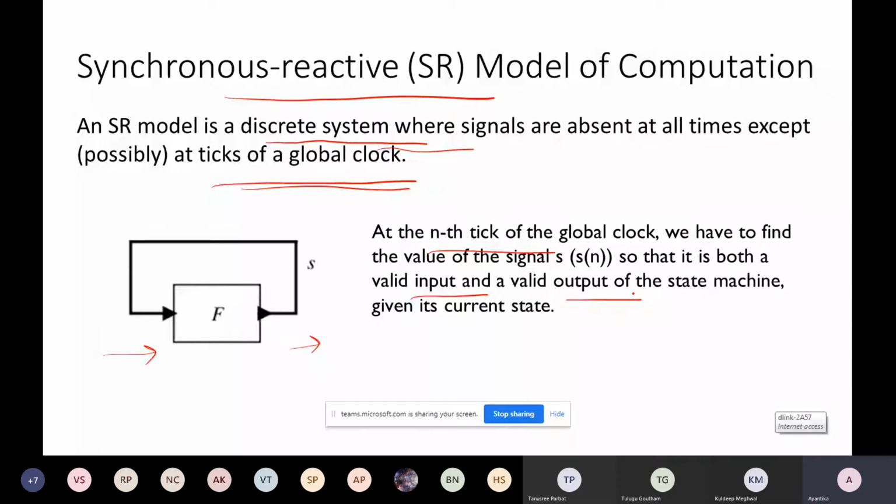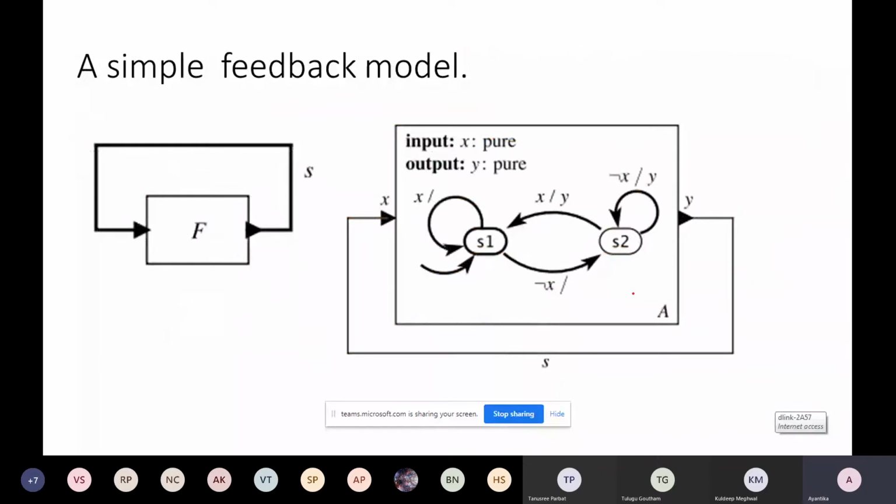Feedback related FSMs. So this is a simple feedback where you can see you are having one output S, and that again is going as an input to the system. So to model that, what is the simplest strategy?